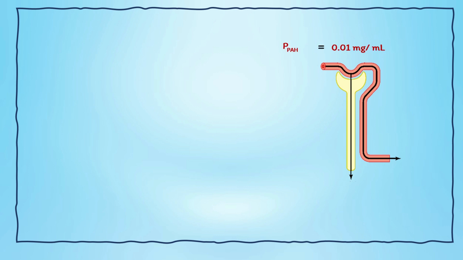Let's take an example. Plasma concentration of para-aminohippuric acid is 0.01 milligram per milliliter. Urine concentration is 5.85 milligram per milliliter, while volume of urine is 1 milliliter per minute.